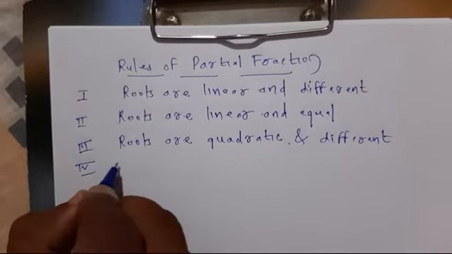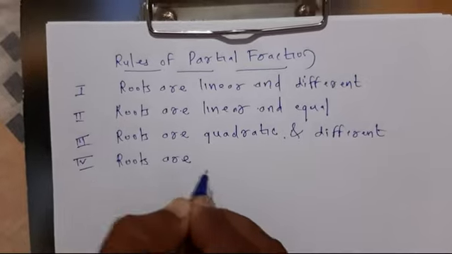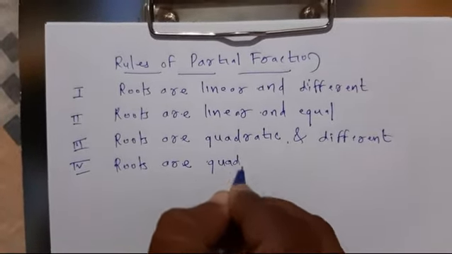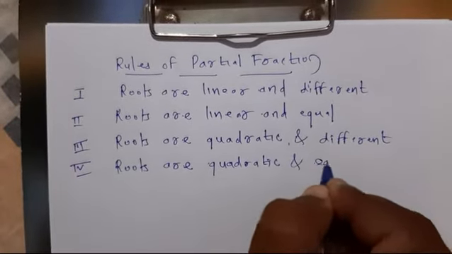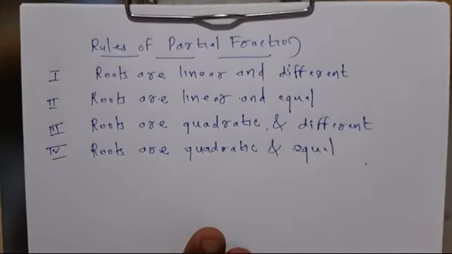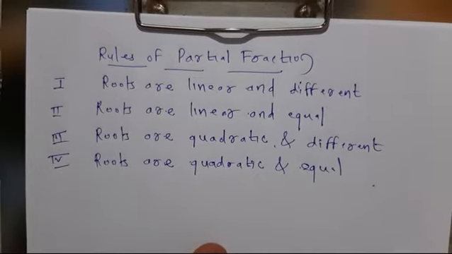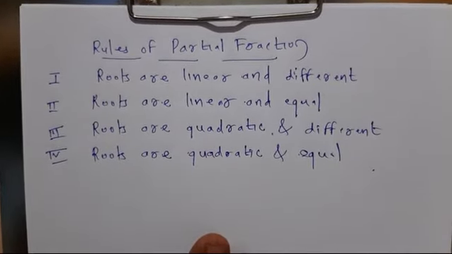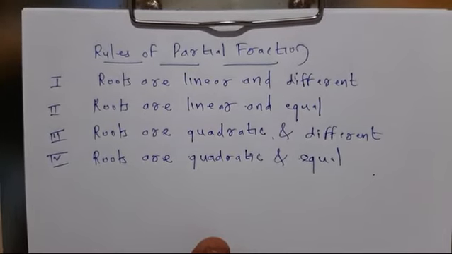Fourth one, roots are quadratic and equal. So while applying the partial fraction, we must note that the power of the denominator is greater than the power of the numerator.